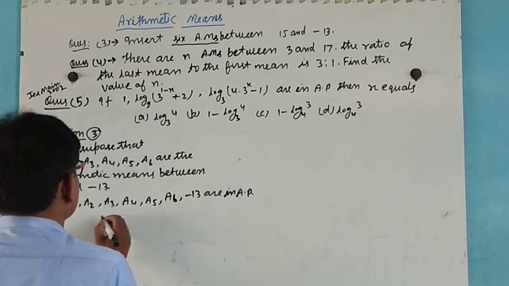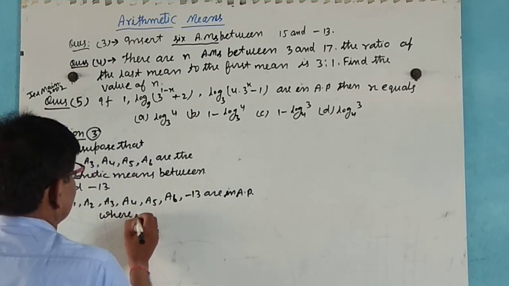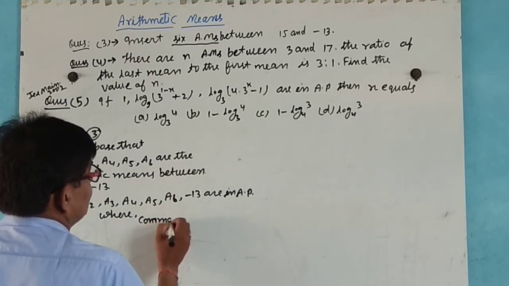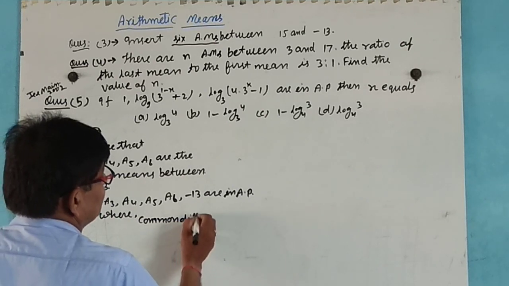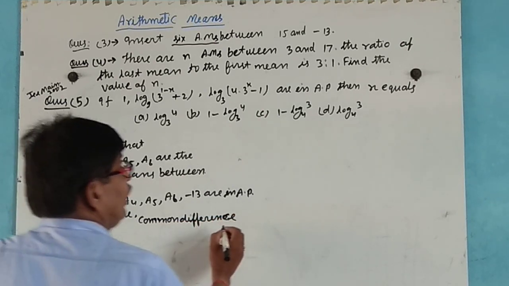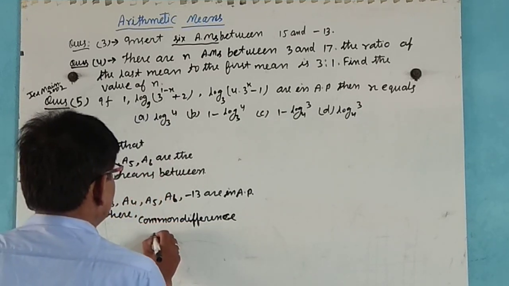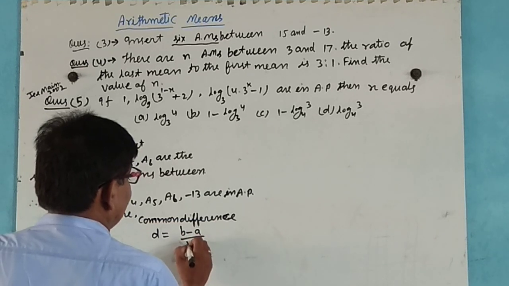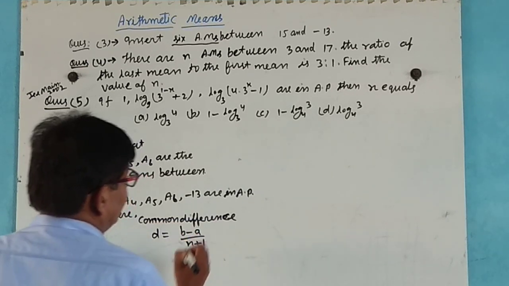Where common difference D equal to B minus A divided by N plus 1.